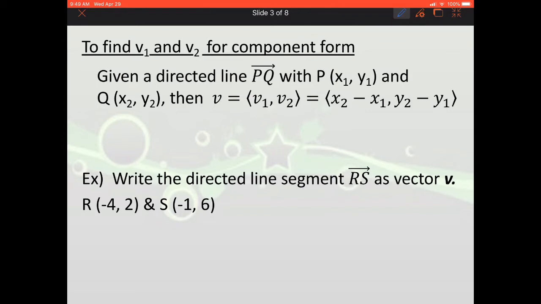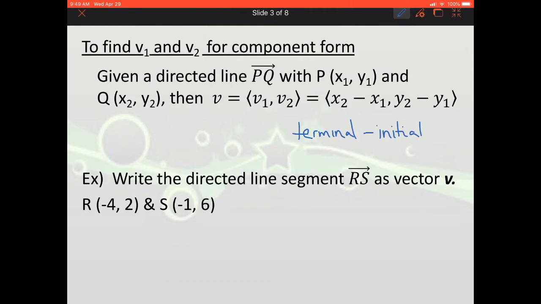So notice the order, that is the terminal minus the initial. We do that for both the x's and the y's. So terminal x minus initial x, terminal y minus initial y.